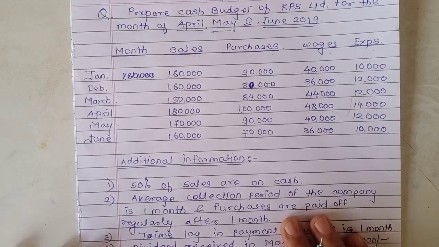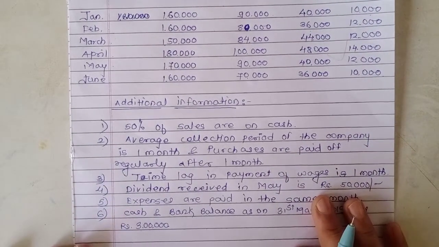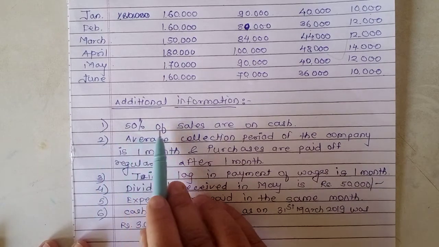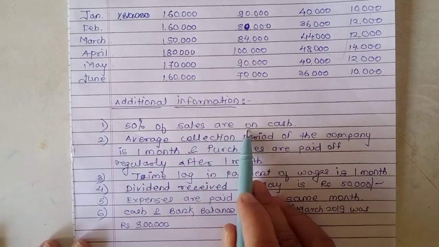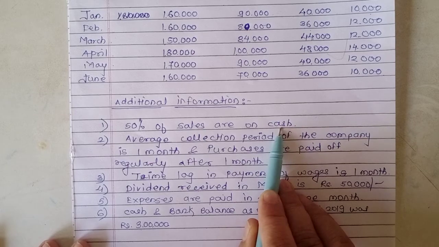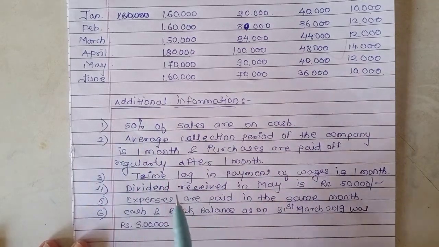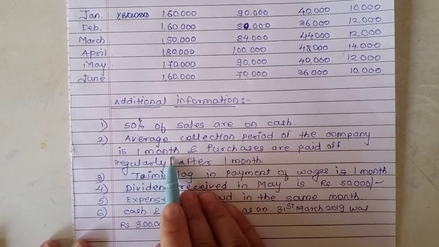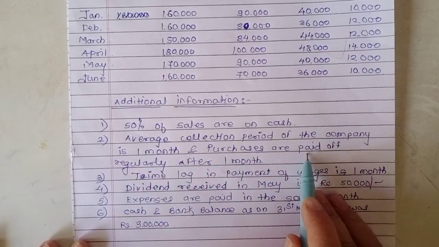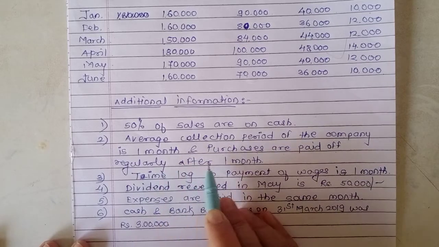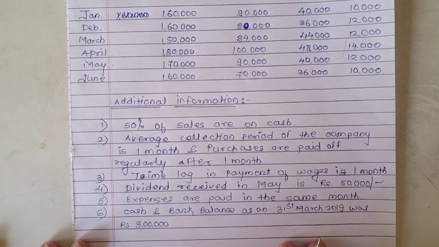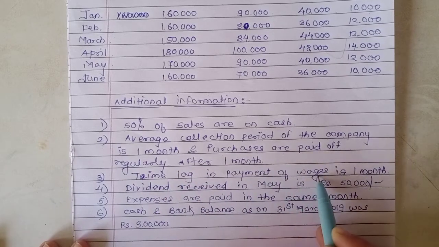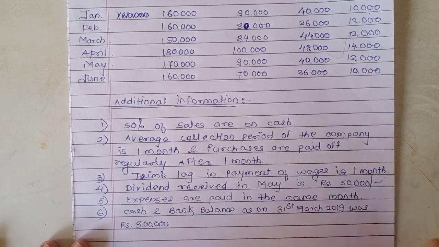Now let us see the additional information. First one, 50% of sales are on cash. Second, average collection period of the company is 1 month and purchases are paid off regularly after 1 month. Number 3, time lag in payment of wages is 1 month.